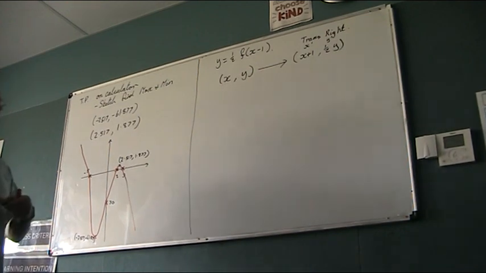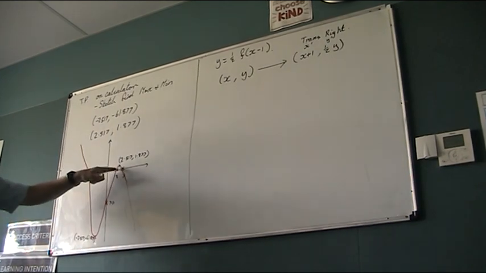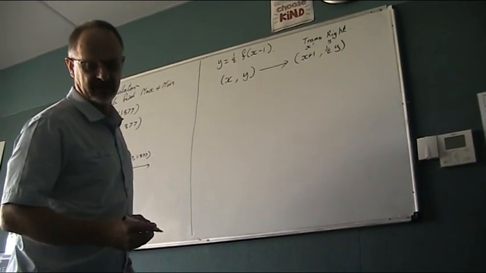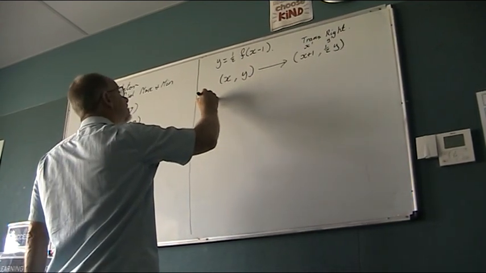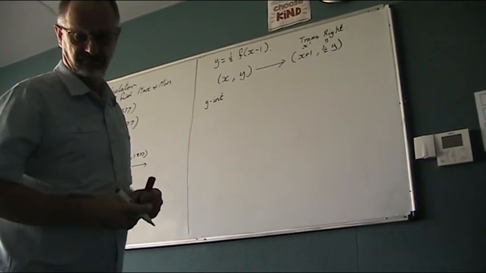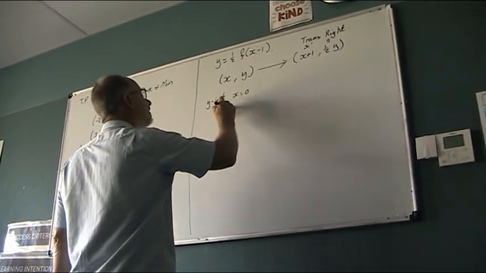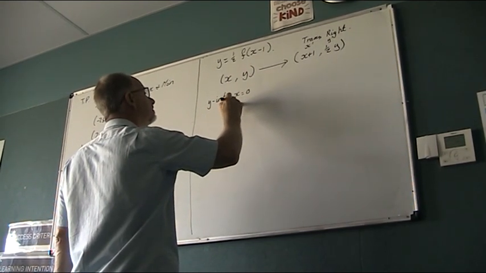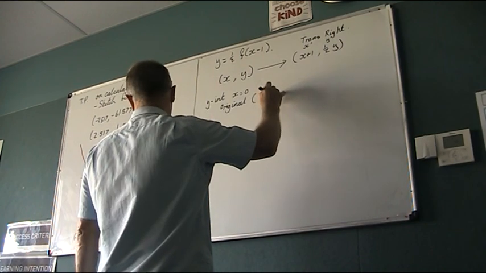So what we can do is apply those transformations to these points. Let's look at our intercepts. First of all, our y-intercept. Originally x equals 0, so our original is at 0 and -30.